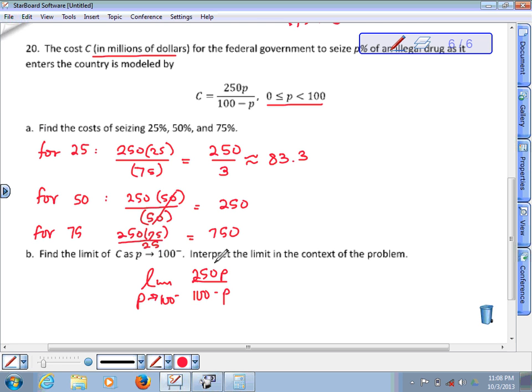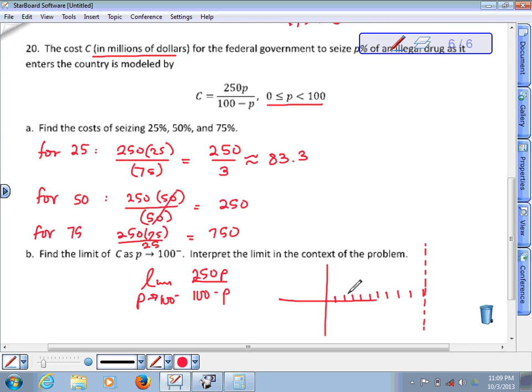Now, this is not meant to be done analytically. We've done a numerical analysis kind of here, where we've tested some points. If we consider just a rough idea of what this graph might look like, there's a vertical asymptote at 100. These are 10s: 10, 20, 30, 40, 50, 60, 70, 80, 90, 100.